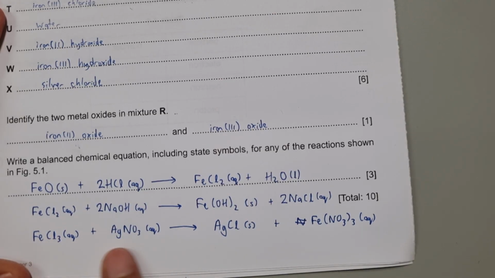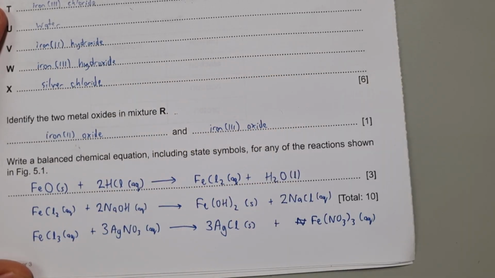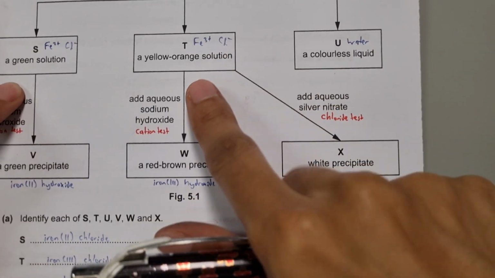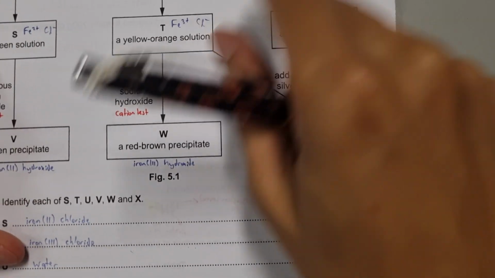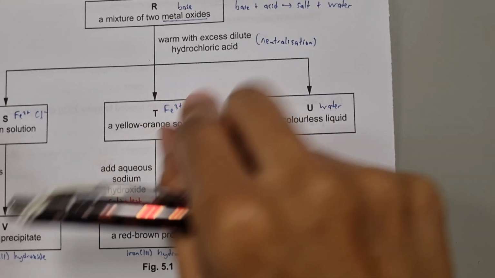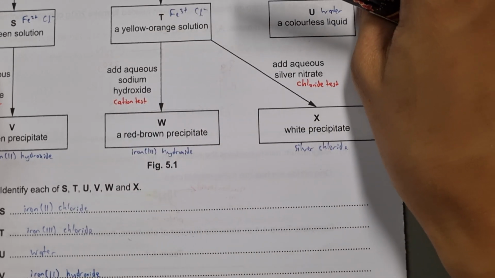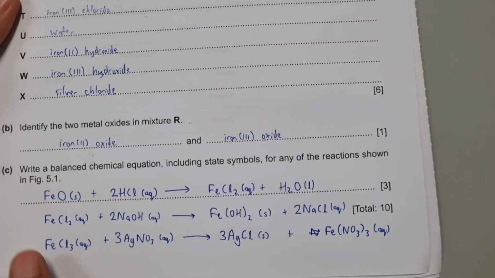So to balance, you require 3 and 3. If you want to try the iron 3 oxide reacting with hydrochloric acid, you need to balance. That will be a bit more difficult. Same with the cation test for the iron 3 chloride. But you can try. I gave you 3 examples.